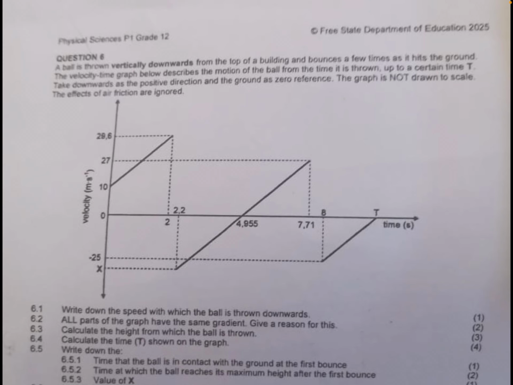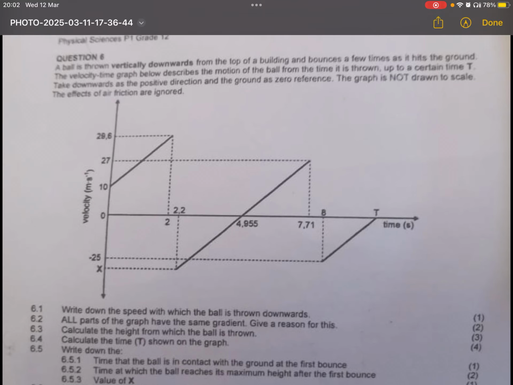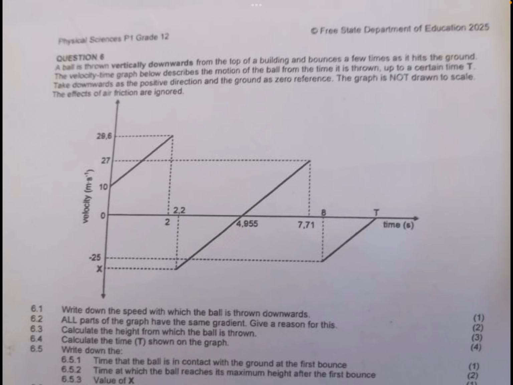So this one is starting here at 10, goes up to 29.6, and then there is a dotted line. That means it might be bouncing or hitting on something. Then after a couple of seconds, it starts again at point X, which means this is the velocity now, going all the way up to time 4.95. Then it gets to a velocity of a positive 27.